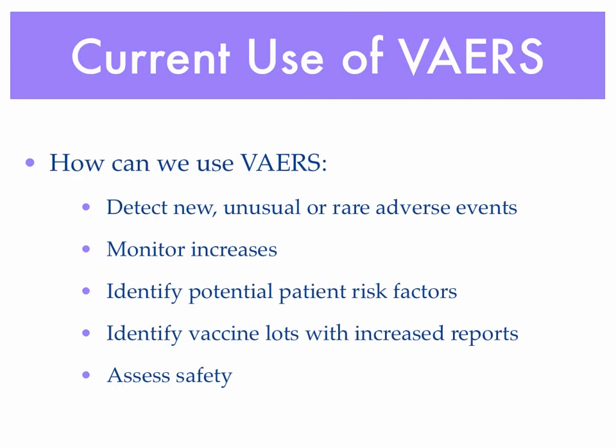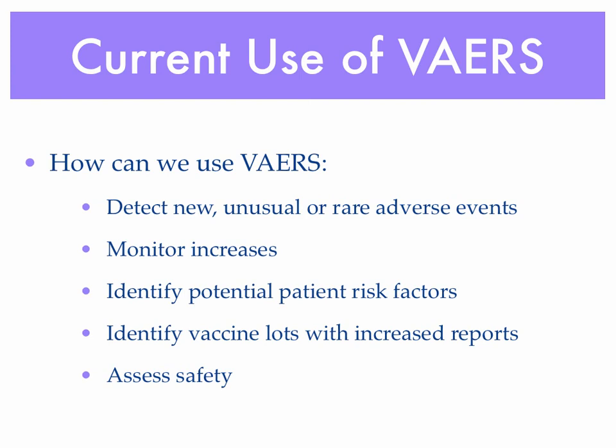Now I'd like to look at currently the main use of VAERS. So the objective of VAERS is to detect maybe new, unusual, or rare adverse events. VAERS can monitor increases in known adverse events. They kind of put up a red flag and they keep a watch on that vaccine.